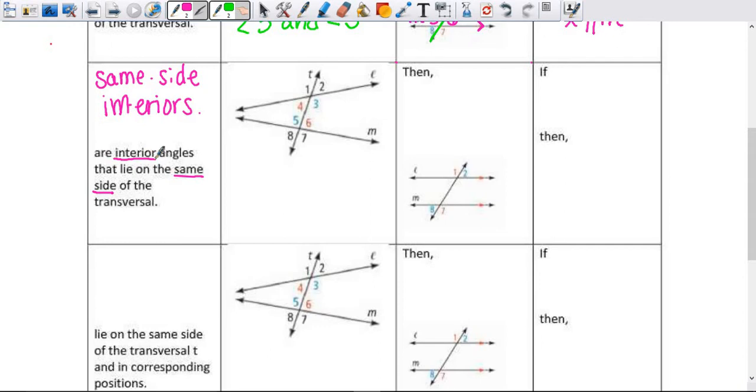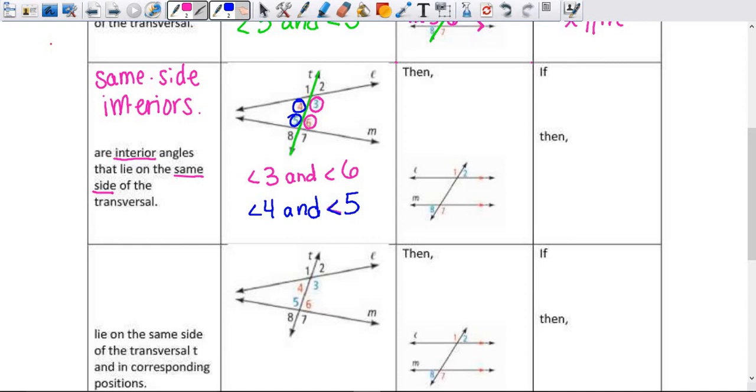So, for this one, angles 3 and 6 are on the same side of my transversal line. So angle 3 and angle 6 would be same side interiors. Then the other example would be 4 and 5 are same side interiors.